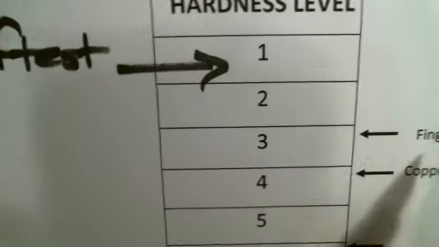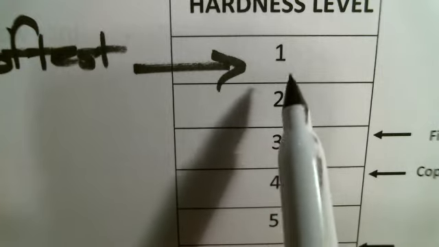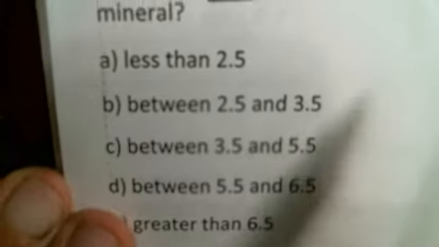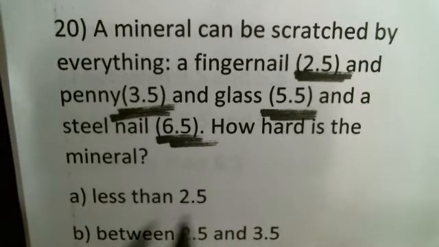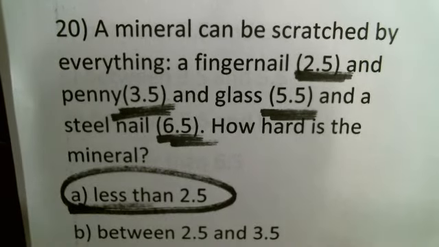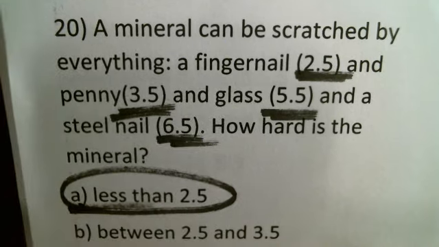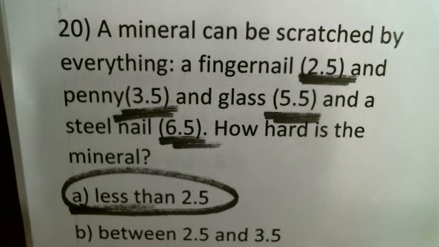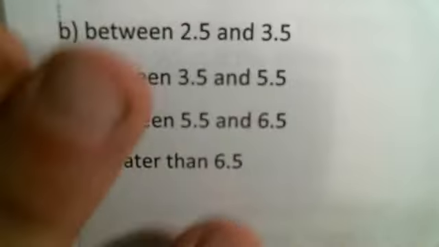Those are going to be numbers less than 2.5, numbers 1 and 2, and so on. So the answer to number 20 is A, less than 2.5. Since a fingernail can scratch it, it's got to be softer or a smaller number than the fingernail's 2.5.